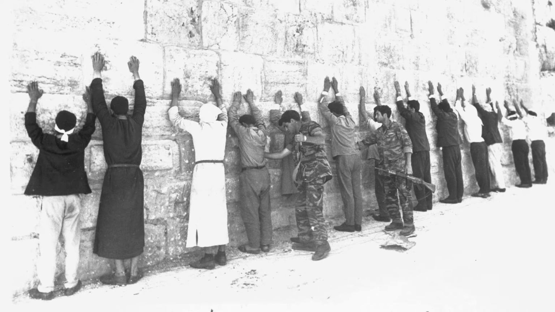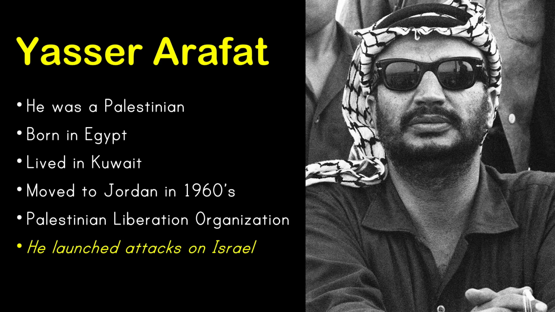Well, in the fray, there's this guy named Yasser Arafat. He was a Palestinian, born in Egypt, who lived in Kuwait. He moved to Jordan in the 1960s and organized what's called the PLO, the Palestinian Liberation Organization. I know you've heard of it. He starts to launch attacks on Israel with financial support from Egypt, with the Fedayeen and the PLO.